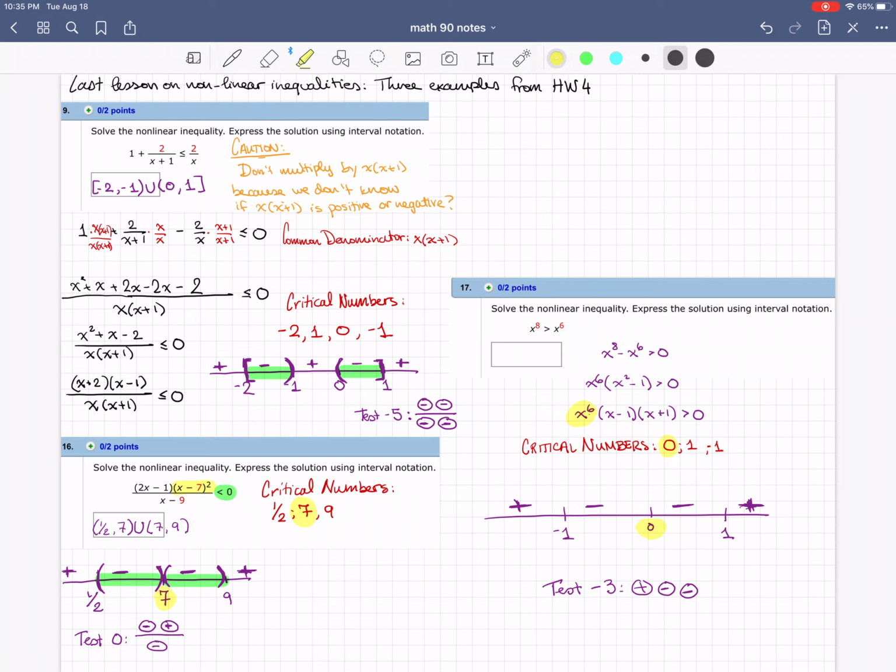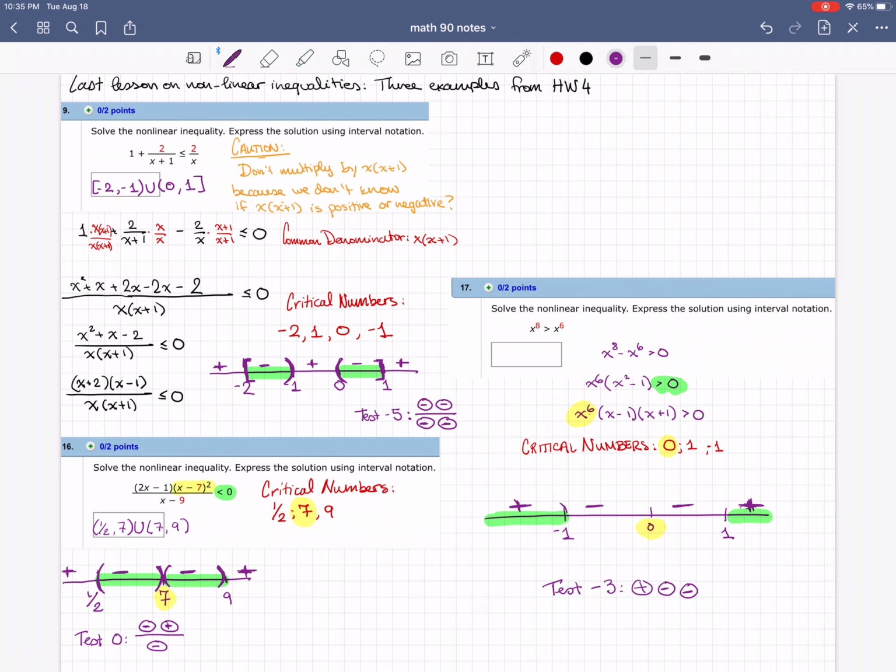Going back to our inequality, what was it asking us? It was asking us, when is this expression greater than 0? Which is strictly positive. So that's those tail ends: everything that's to the left of negative 1 and everything that's to the right of positive 1.